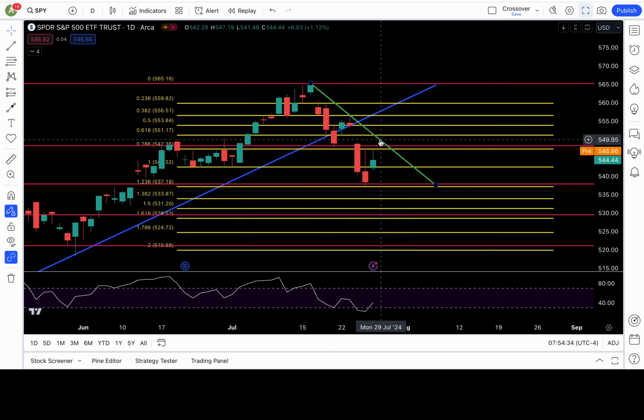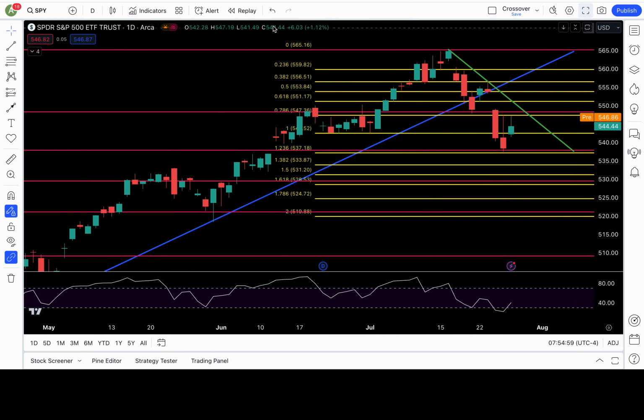To put a bottom in, SPY needs to clear 550 to break out of this flag. Breaking out of 547, which is the sell zone from last Thursday and Friday, and breaking out of 550 would be bullish, putting 552, 554 or higher in play.